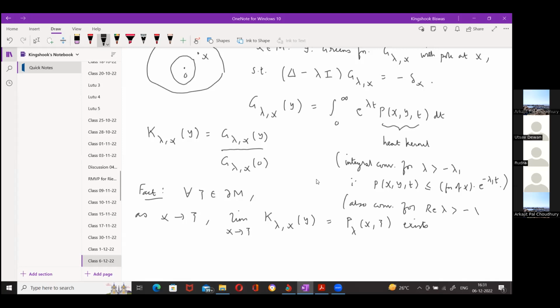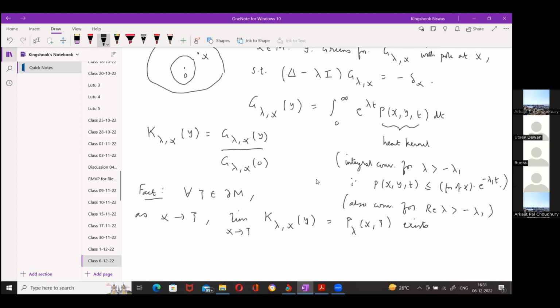It's just a Laplace transform in the t variable. Yes, that's right. The modulus only depends on the real part of lambda. So this will converge also for real part of lambda bigger than minus lambda 1.